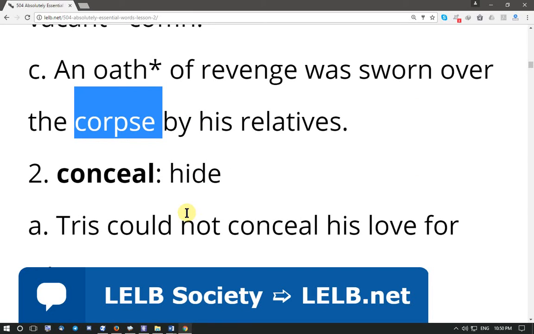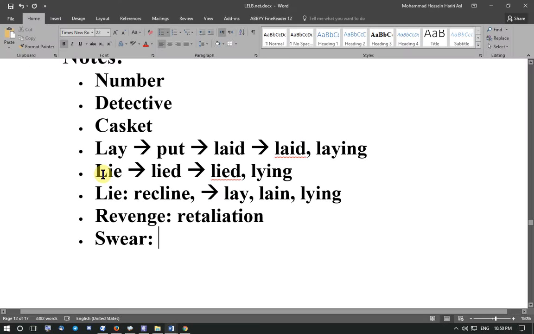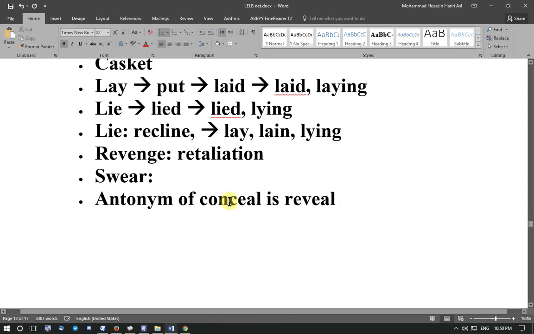Okay. Number 2, conceal. Conceal means hide. The opposite or antonym of conceal is reveal. Okay, very good, antonym of conceal and reveal.